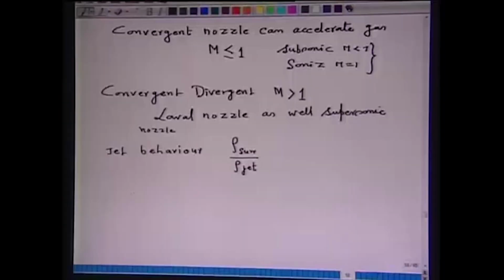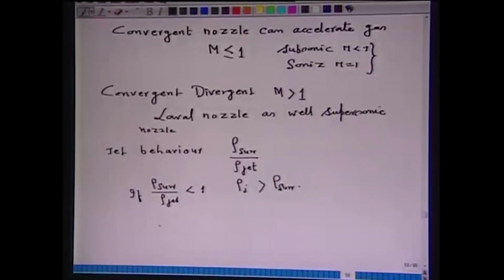So, if the ratio rho surrounding upon rho jet is less than 1, that is rho j is greater than rho surrounding, then the jet is denser than the surrounding, and the spreading of the jet will be very slow. How slow depends upon the value of the ratio rho surrounding by rho jet, that is how much less than 1 it is.